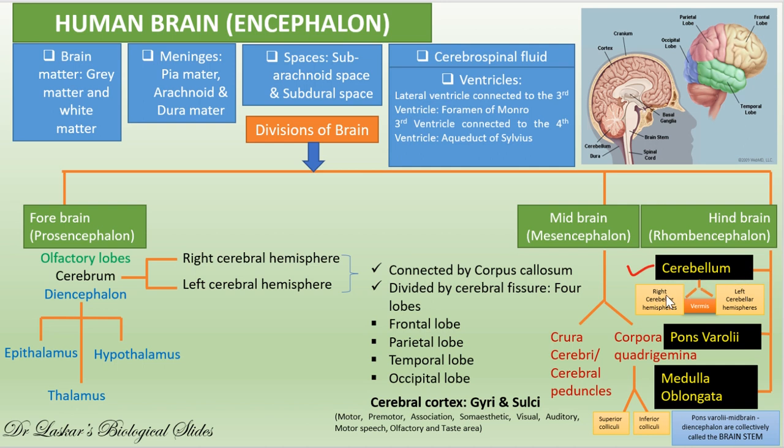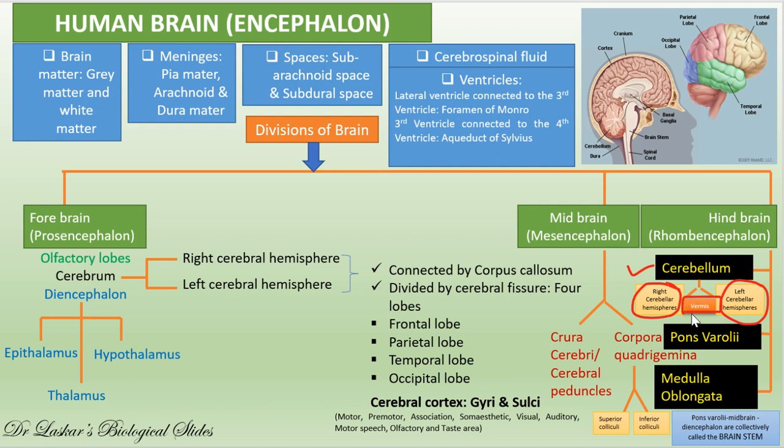Cerebellum is partially divided into three lobes. Two lateral lobes, known as right cerebellar hemisphere and left cerebellar hemisphere, are mainly connected by vermis.